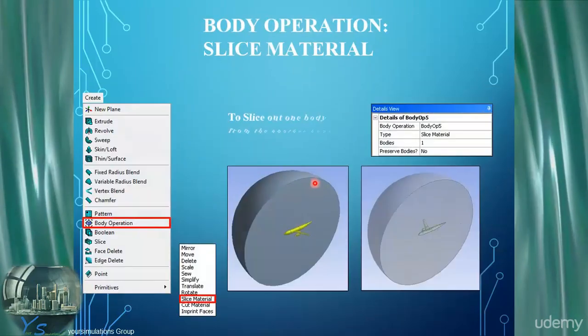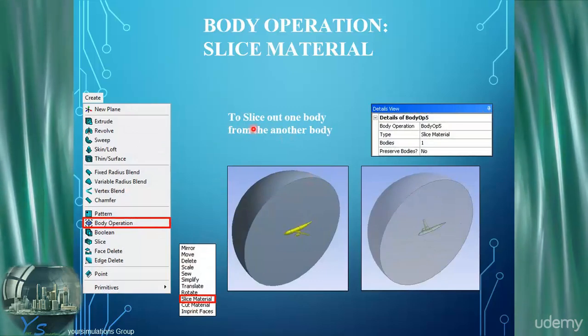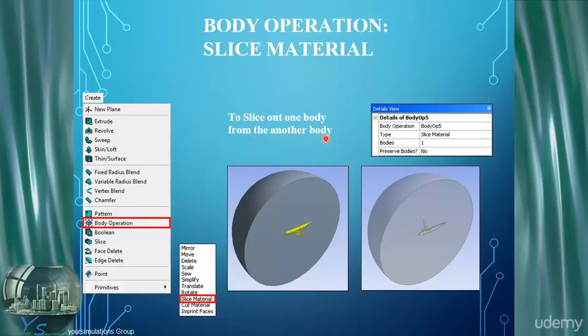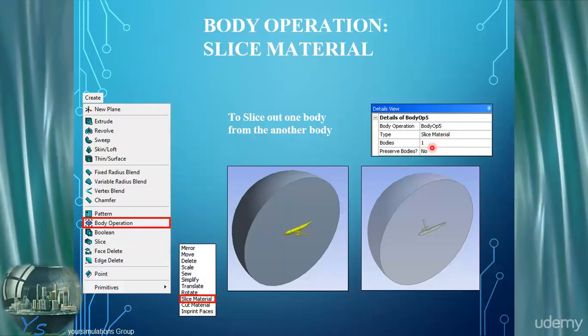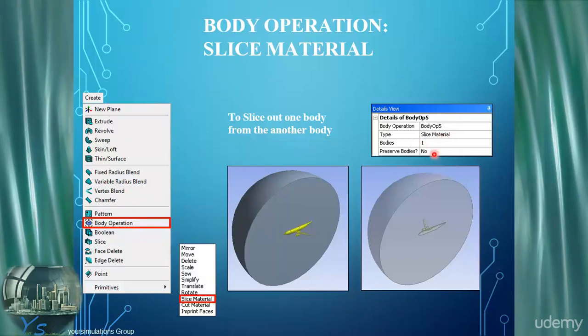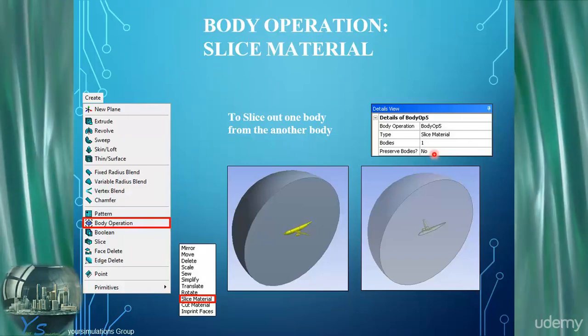Another important operation is slice, which is under body operation, and this allows us to slice out one body from another. So we choose type slicer material, select the bodies for slicing, and opt for preserve bodies if we want to preserve the body that's being used for slicing.